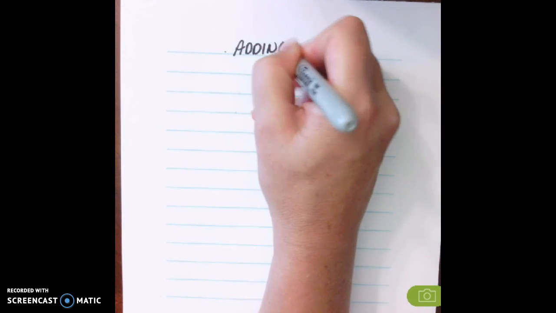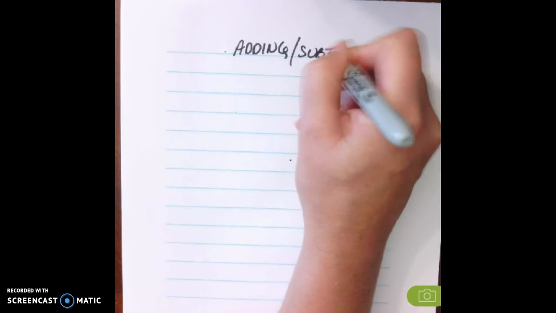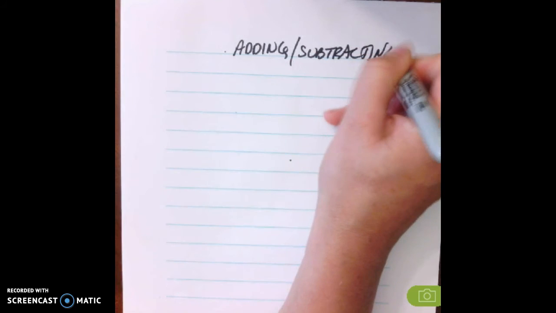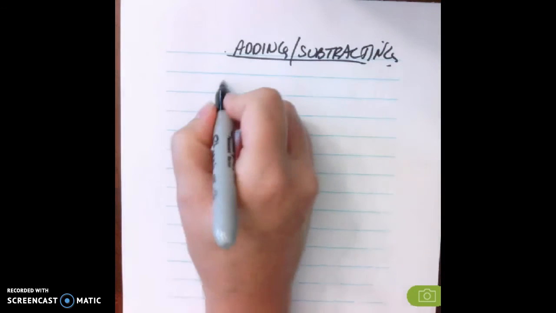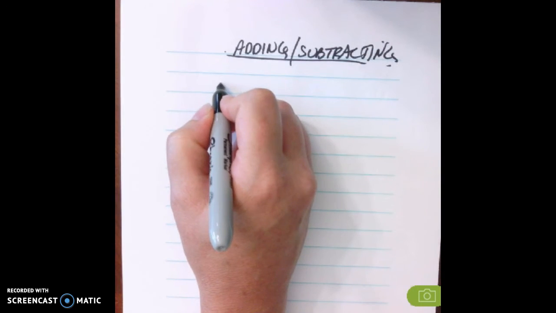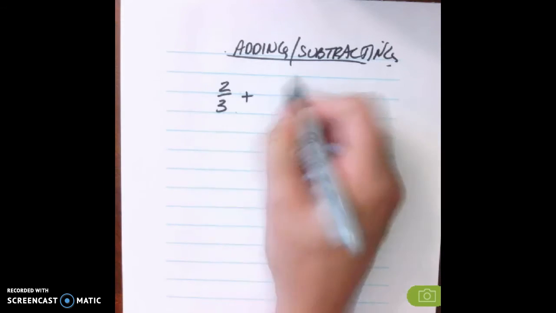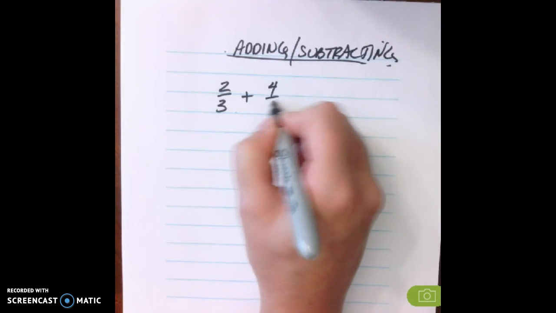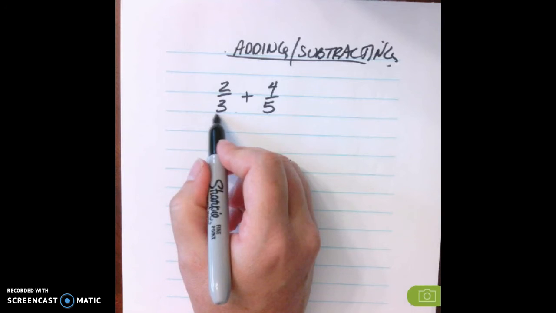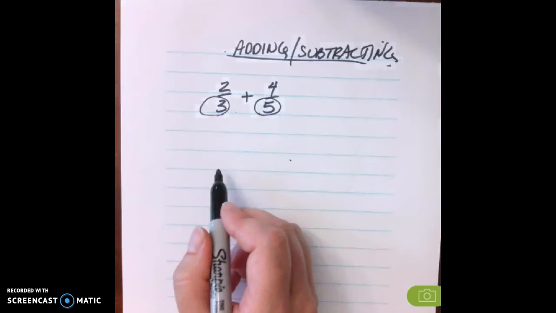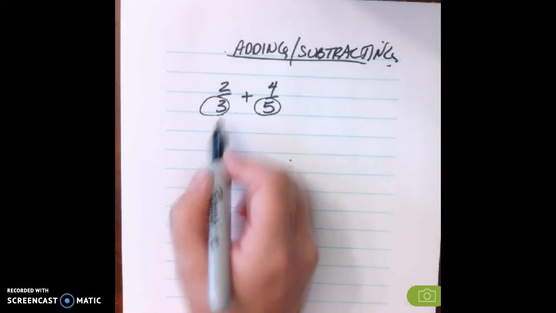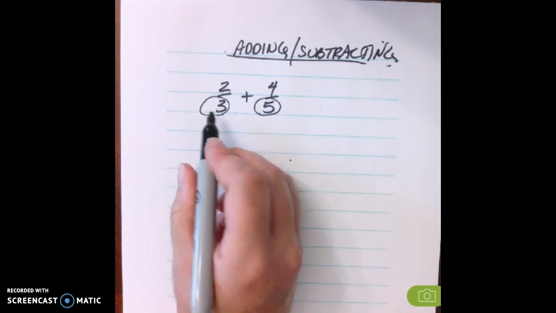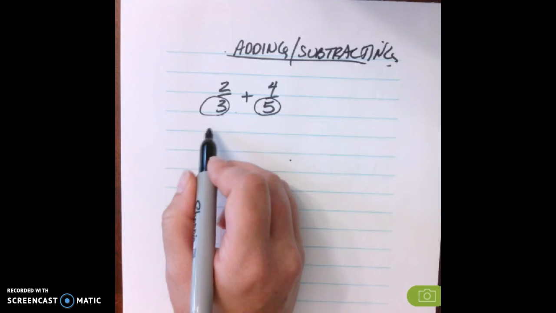You're going to follow the same rules that I just showed you before, but we have to remember when we add or subtract fractions, we have to have the same denominator. So if I have 2/3 plus 4/5, that's all fine and dandy, but these guys are not the same. The fastest way to do this is just to multiply them together, or you could find that least common multiple.